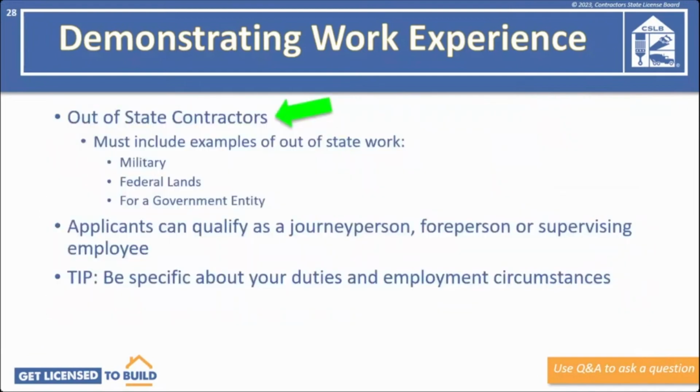For out-of-state contractor experience, the description must include examples of work done that were out of state, military, on federal lands, or work for a government entity. Applicants can qualify as a journey person, foreperson, or supervising employee. A tip, be specific about your duties and employment circumstances.